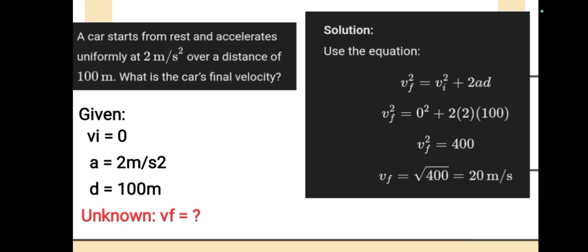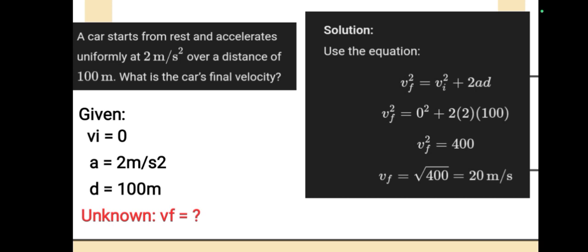Now simplify the formula. 0 times 0 or 0 squared is 0, plus 2 times 2 times 100. That makes it 400. So Vf squared is equal to 400. But that isn't the final answer yet because Vf squared is not Vf. So you need to find a way to eliminate the square. How are we going to do that? You have to enclose that variable in a square root sign.